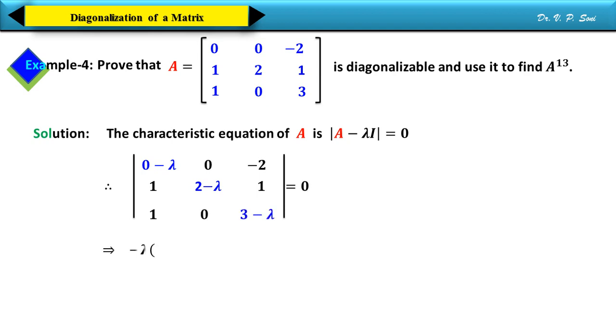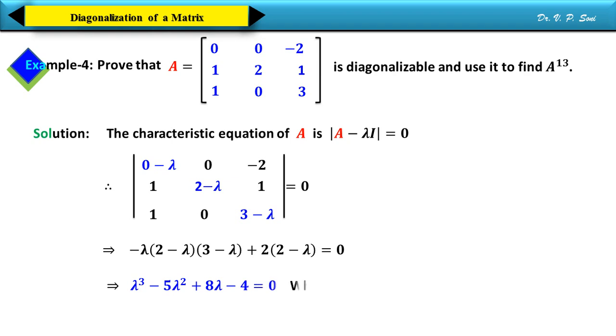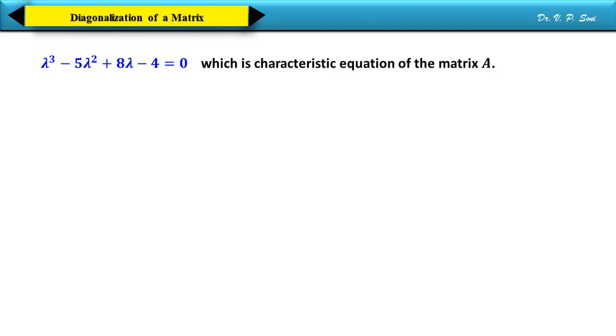Now find the value of the determinant and put it equal to 0. Then we get lambda cube minus 5 lambda square plus 8 lambda minus 4 equal to 0, which is the characteristic equation of the matrix A. Now factorize the characteristic polynomial lambda cube minus 5 lambda square plus 8 lambda minus 4.